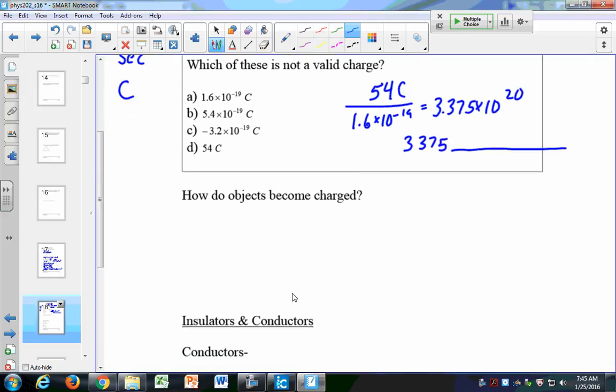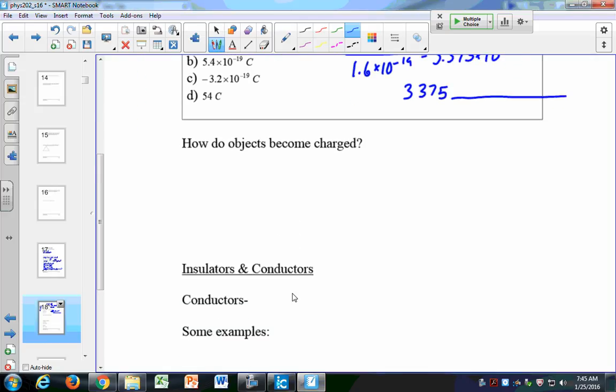Okay, let's see. How do objects become charged? Objects can become charged by transferring electrons most of the time. Not protons.